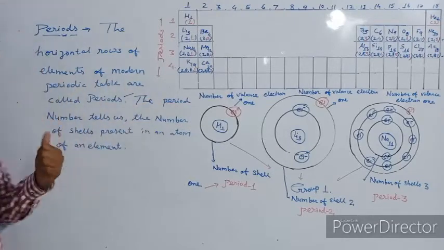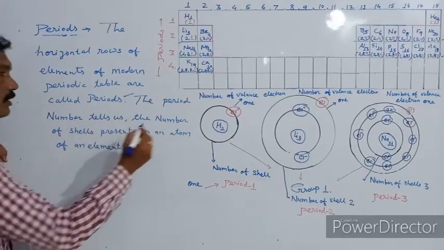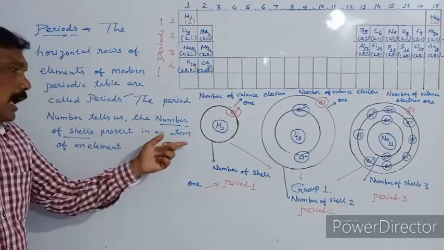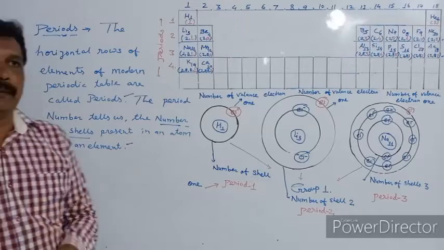The period number tells us the number of shells present in an atom of an element.